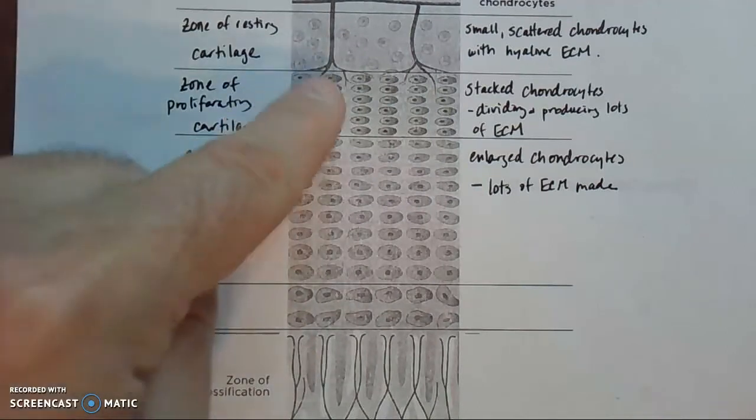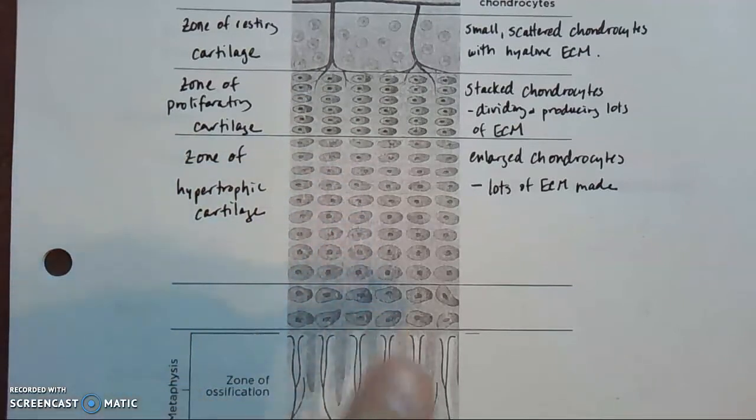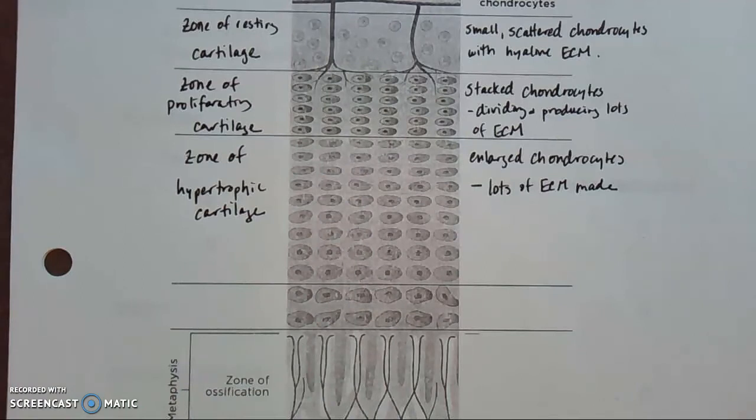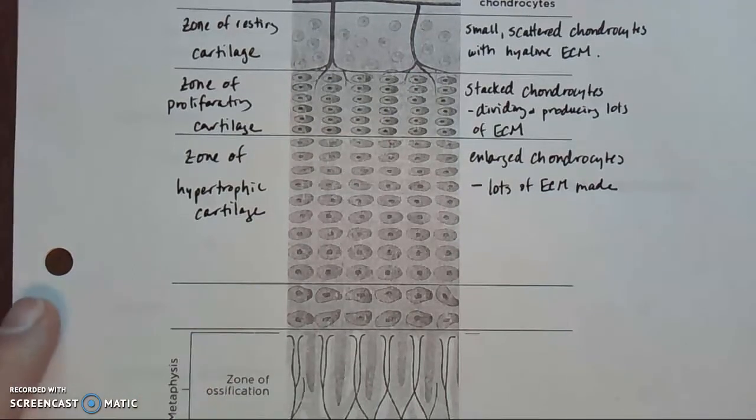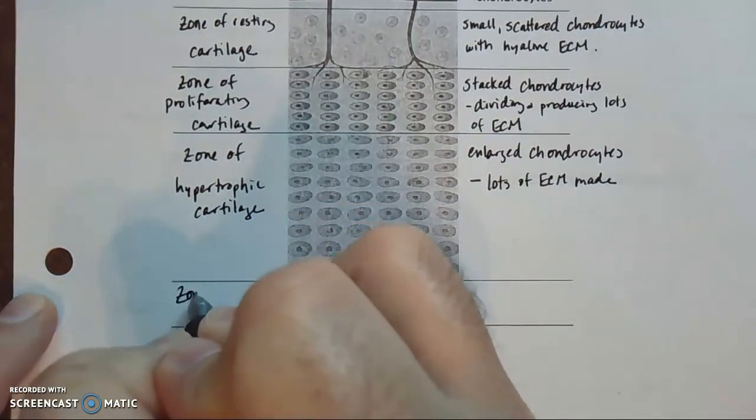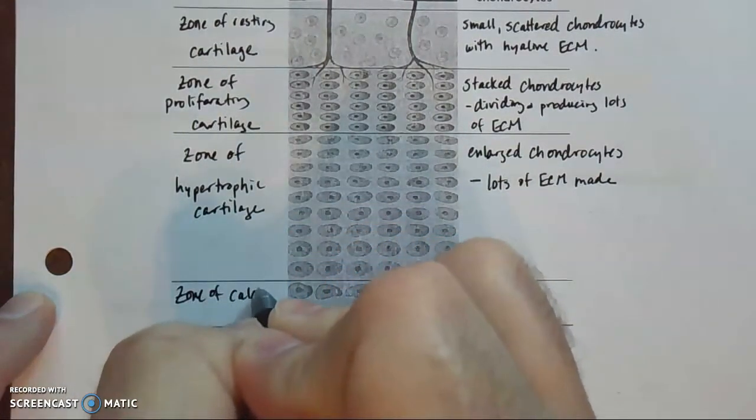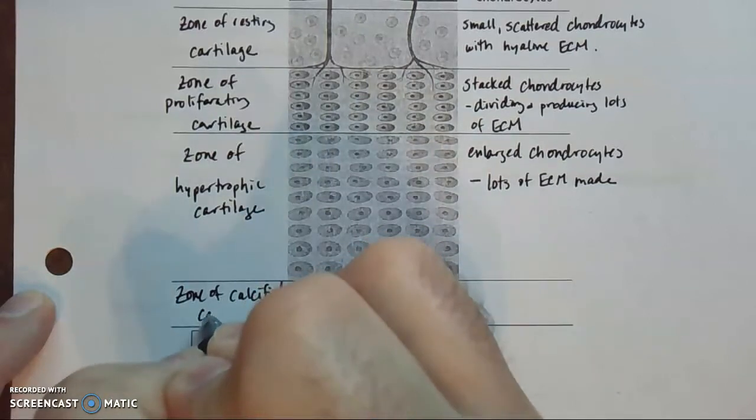So they're bigger than they were before, and they're growing bigger as we go down. And as they grow bigger, they're pumping out more ECM. So these chondrocytes, even though we don't call them chondroblasts in this, they are actively making some ECM. So something has triggered them to make this. Normally they would just sit there and make a little bit of ECM, but they are influenced by hormones to pump out more. And then we get down here to the zone of calcified cartilage.